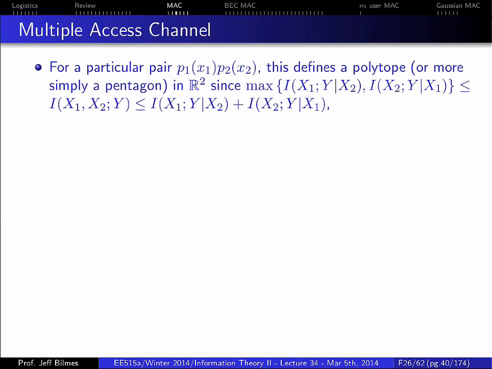In fact, in 2 dimensions, it's sufficient to call it a pentagon, which is the junior high school name for a 5-sided polytope. And that's going to be in R2, and the reason why that's true is because we have this set of inequalities. The max of this is less than or equal to this, which is less than or equal to the sum of the mutual informations. And that right-hand side follows because, again, x1 and x2 are presumed independent.